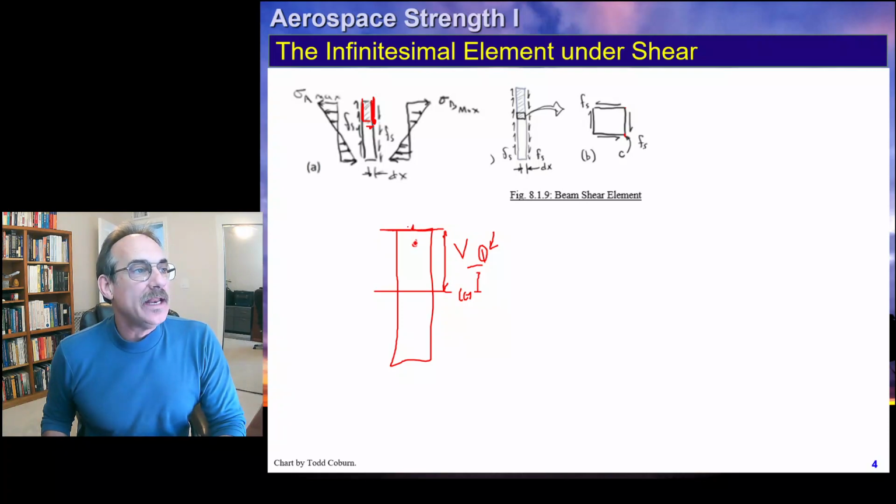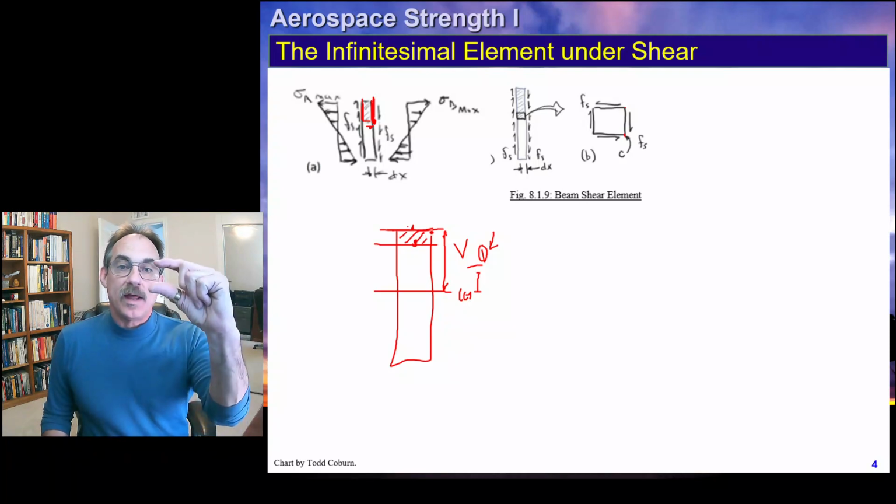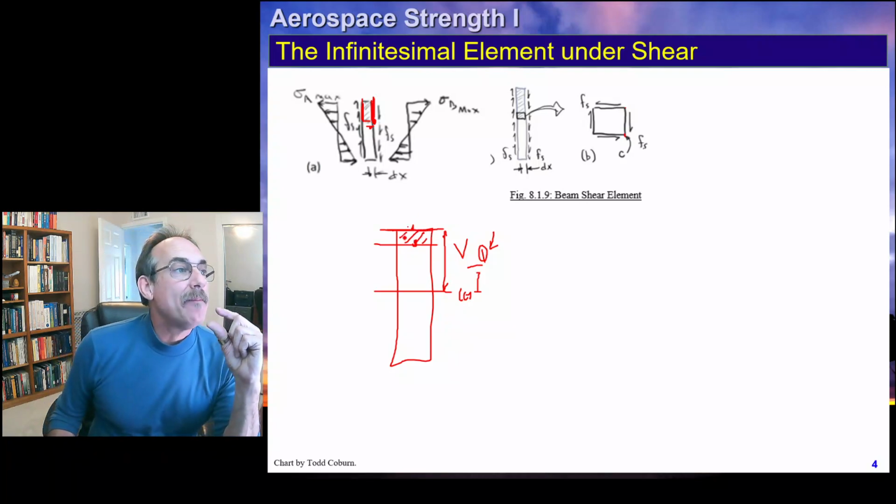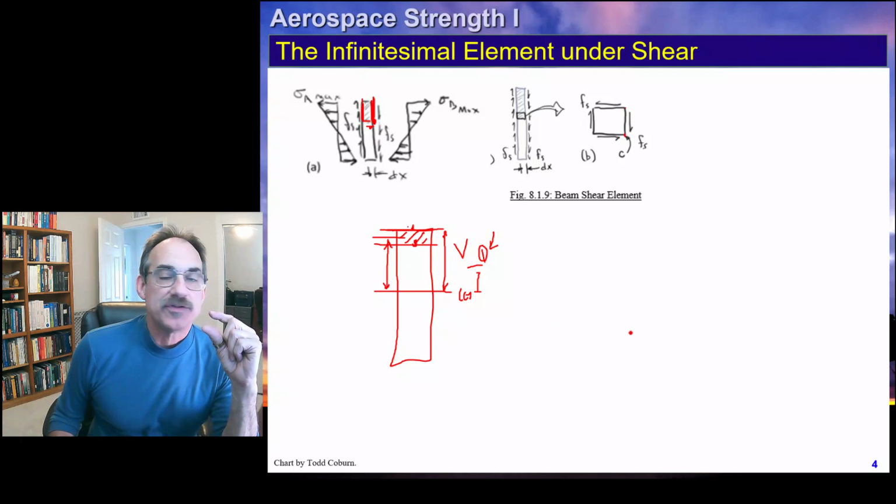If we come down 1 inch, then what we do is draw a horizontal line parallel to our CG, and then we shade this area. That means this area is just that width times 1 inch, and it's Y minus Y bar. That Y value we use for this, we multiply the area times this dimension. That's the Y that we use for our first moment of the area.